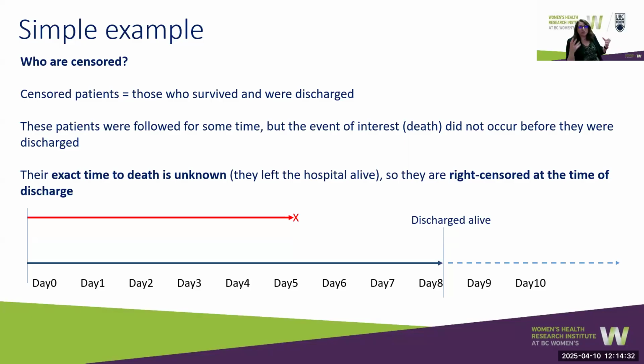Whatever people you count as sick, they're not sick because the vaccine didn't work. They're sick because the vaccine had not started working properly. So this is what we call delayed start.